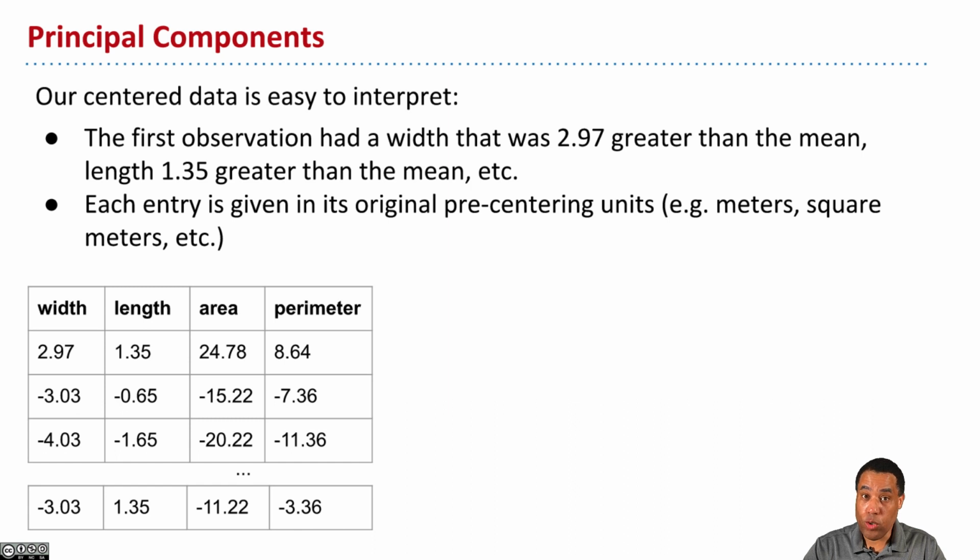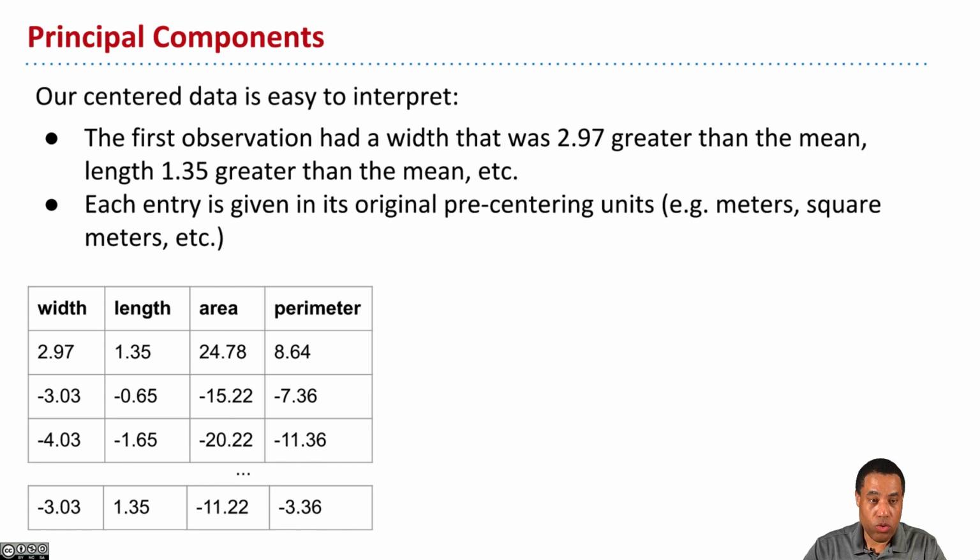If we look at our first value in our first row, first column, the width 2.97, what that means is that that first observation was 2.97 greater than the mean for the width column. Similarly, the length was 1.35 greater than the mean length that we measured across all of those yards.